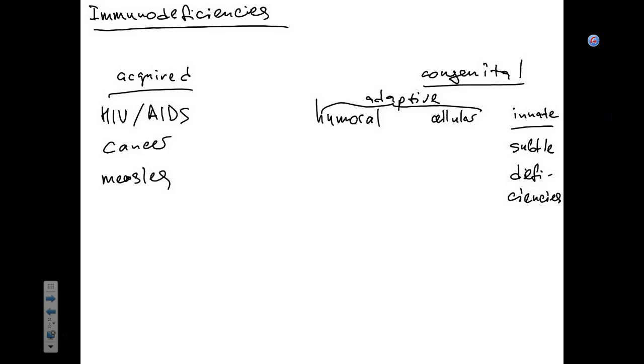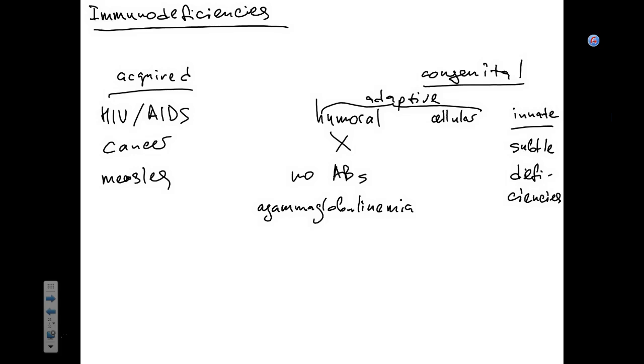Plasma cells produce antibodies, yes. So, no antibodies. This is called agammaglobulinemia. That's a long word, which means no gamma globulins in the blood. Can you read the chicken scratch? Agammaglobulinemia.